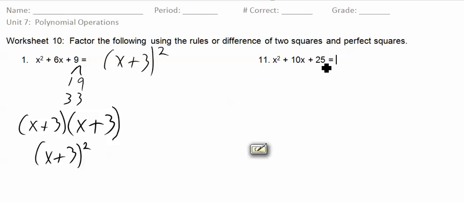So let's take a look at this one. We have 25, which is a perfect square, so square root of 25 is 5. If we double that, does it equal 10? It does. So we can just use the shortcut, and we can go x plus 5 squared. If this were a negative sign here, we would put negatives in there.